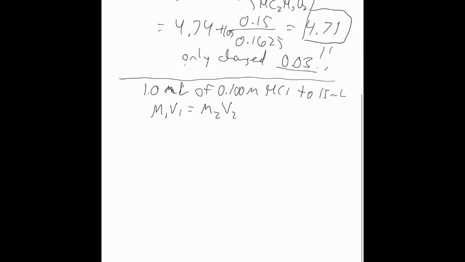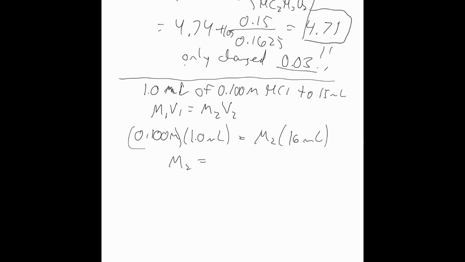So we have 0.1 molar and 1 milliliter equals M2, which is what I want to know, times 16 milliliters. And if we do the math, this ends up being 0.00625 molar. And so then the pH, because that's the concentration of H3O plus, is 2.20, just from adding 0.1 molar HCl. The 0.1 molar itself is a pH of 1. When we dilute it, it goes to a pH of 2.2.